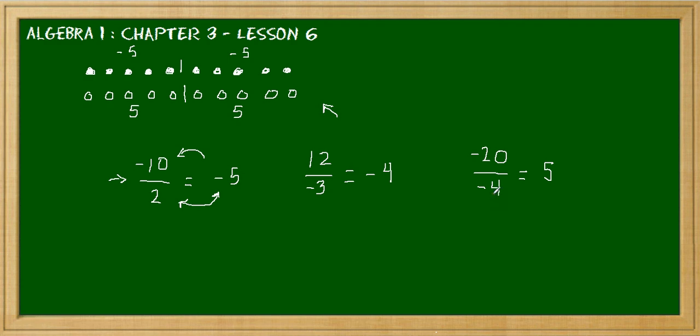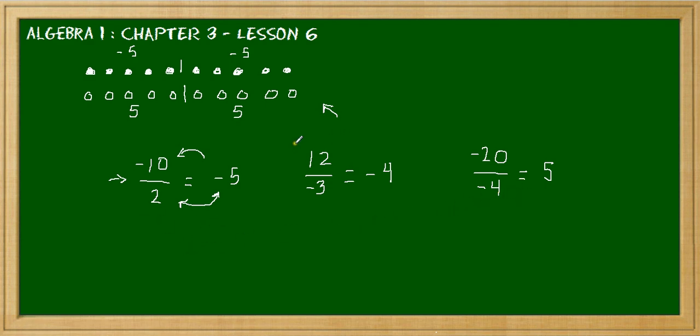And looking at the top of page 136, you may have noticed from these examples that every division problem has a corresponding multiplication problem. The signs of quotients of positive and negative numbers are like those of products. The quotient of a positive and a negative number is always negative.